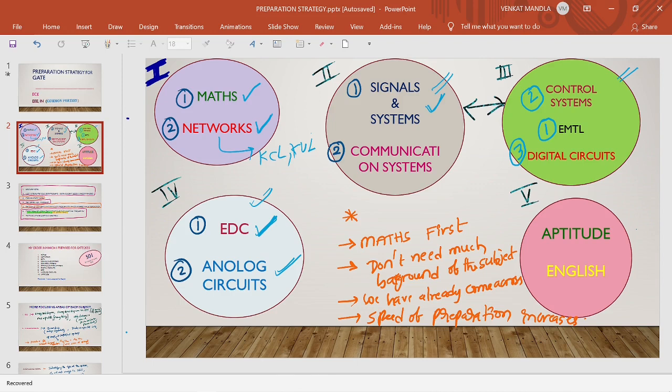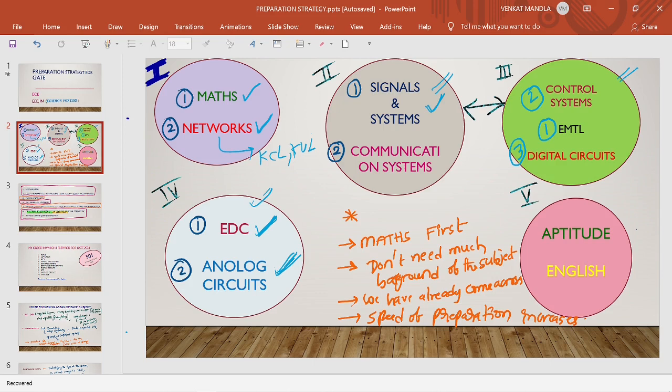You will learn the concepts of devices exclusively in this subject, EDC. But in the analog case, for analog circuits you need two subjects. One is networks, this is KCL, KVL. So you need to write KCL and KVL every time in analog circuits. And these analog circuits contain these electronic devices, like PN junction diodes, BJTs, or FETs.